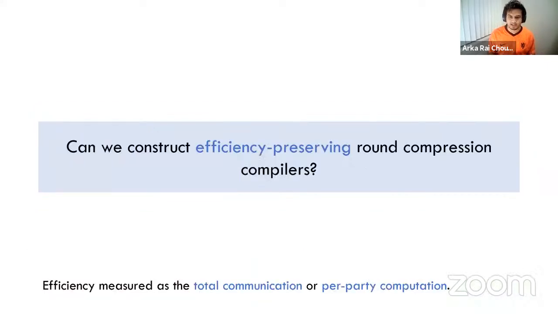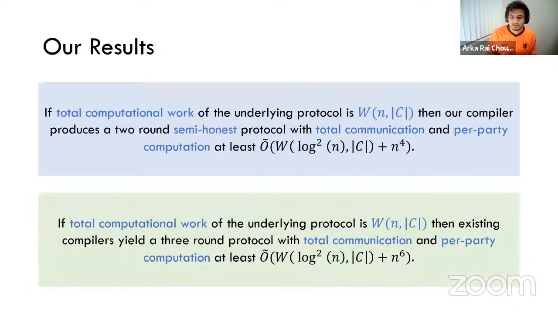So the question that we really ask in this work is, can we construct efficiency preserving round compression compilers where we really talk about efficiency in terms of the total communication or per party computation? And our results are that actually, yes, in the semi-honest setting, where the adversary follows the protocol, we get a 2 round protocol where we move the overhead from the multiplicative to the additive.